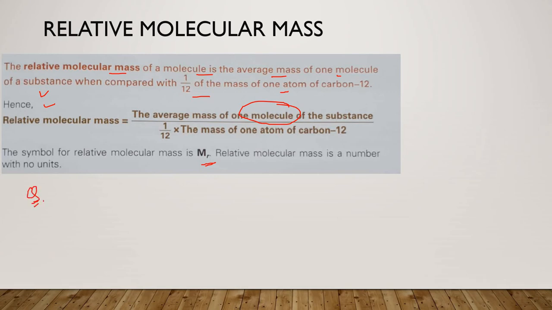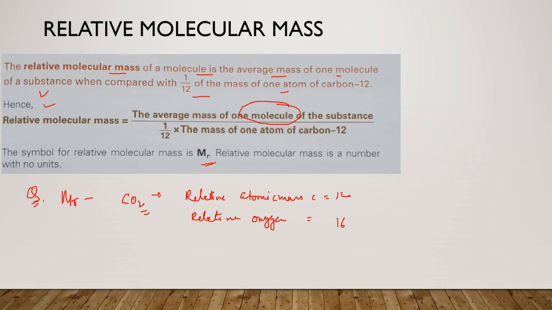Now let's solve a question. If I want to know the relative molecular mass of CO2, how do I compare? You know that molecules are made of atoms, so you have to take all the atomic masses. The relative atomic mass of carbon is 12, and the relative mass of oxygen, as we just looked, is 16.